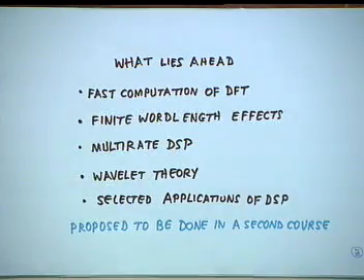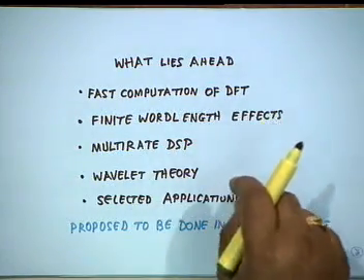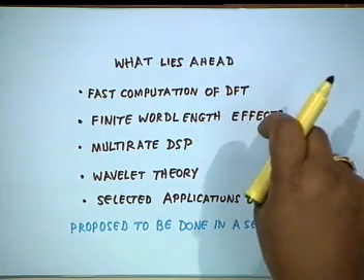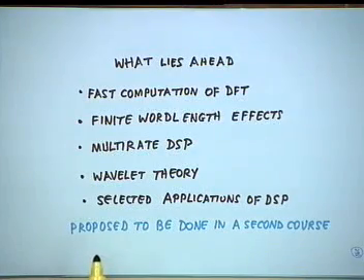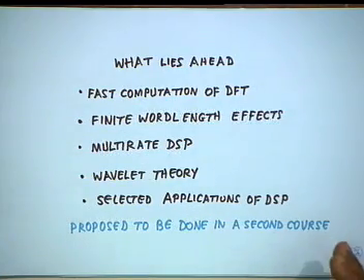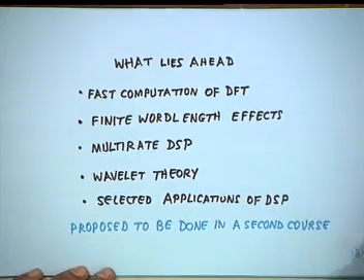Then we propose to do finite word length effects and how to minimize this. We will come across different kinds of structures in finite word length. And then multi-rate DSP, which is a very hot topic at the current time, and most of the equipment comes with multi-rate.